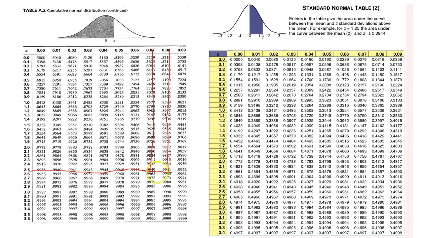The z-score of 0.9949 is 2.57, and for 0.9951 it is 2.58. So 2.57 plus 2.58, all divided by 2, should give you 2.575 in 3 decimal places. But in 2 decimal places, it will be 2.58.